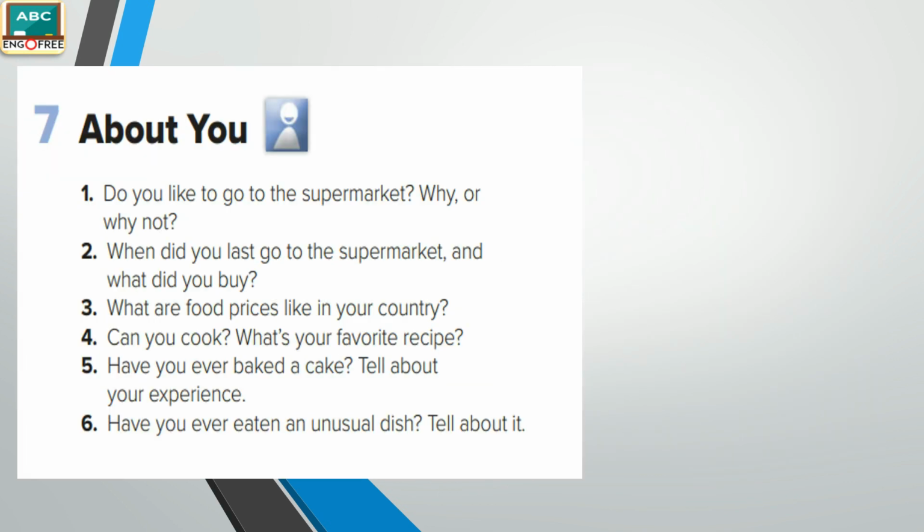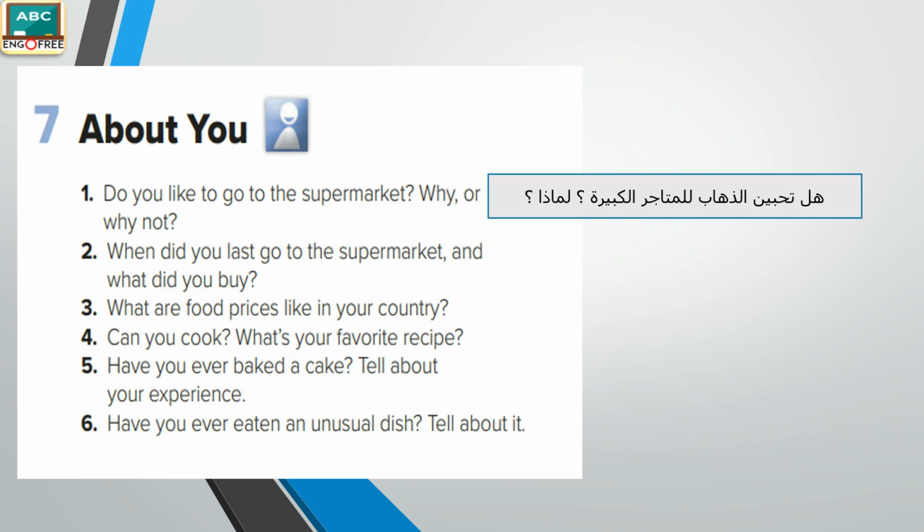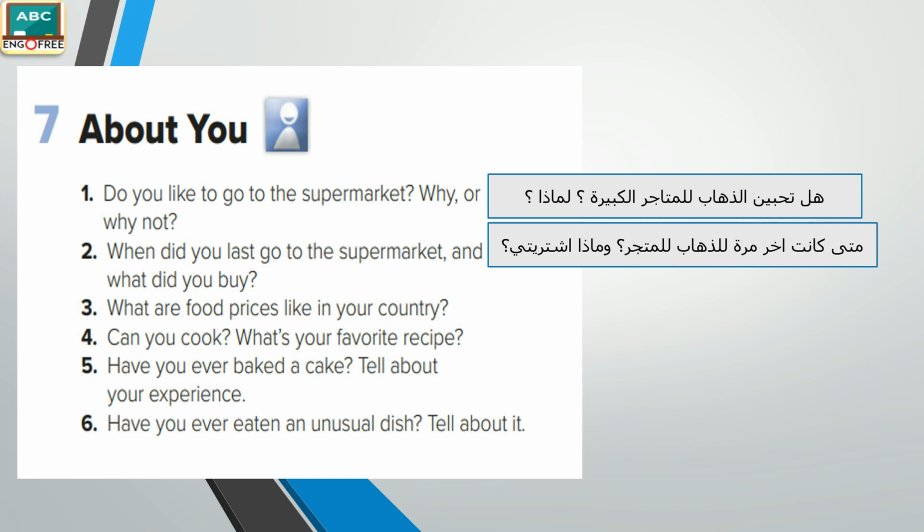Number 7, about you. Now I want you to answer these questions about yourself. Question number 1. Do you like to go to the supermarket? Why or why not? Number 2. When did you last go to the supermarket? And what did you buy? Number 3.